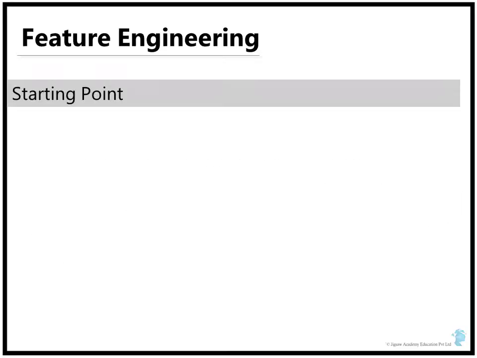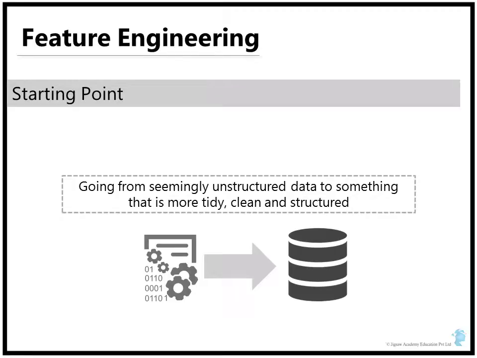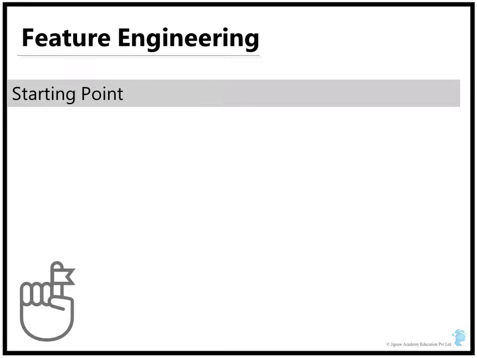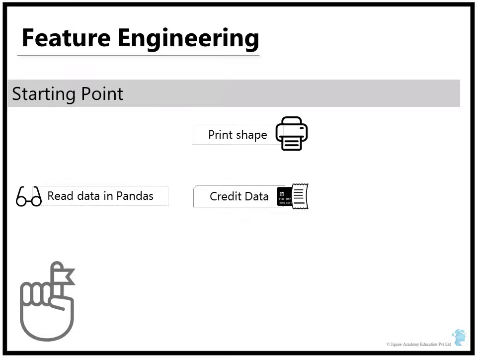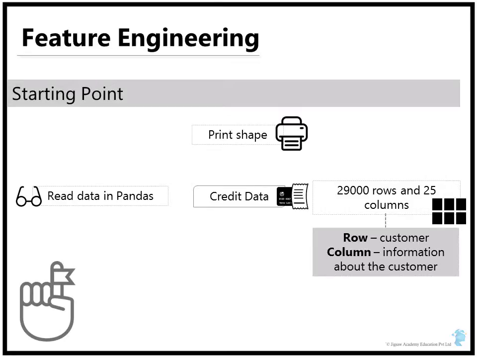So the starting point of feature engineering is to go from seemingly unstructured data to something that is more tidy, clean, and structured. If you can recall our credit data, when you read the data in pandas and printed its shape, it was about 29,000 odd rows and 25 columns. Each row of the data was a customer and each column had some information about the customer.